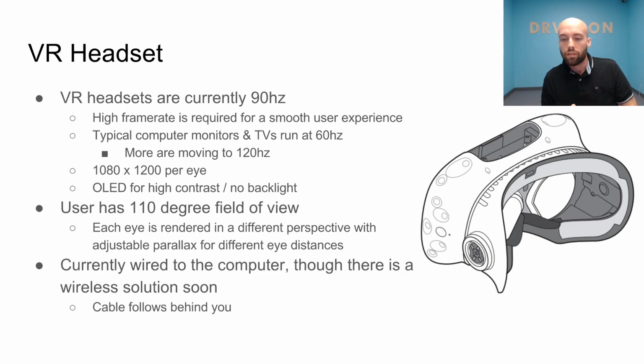So right now, you're currently wired to the computer. There's a kind of a trail that falls behind you with VR. There was a wireless solution, but it sold out instantly, and that will soon be the norm. But for now, there's a trail that follows you with the Vive and Oculus. It's unfortunate, but that's the way it is right now.